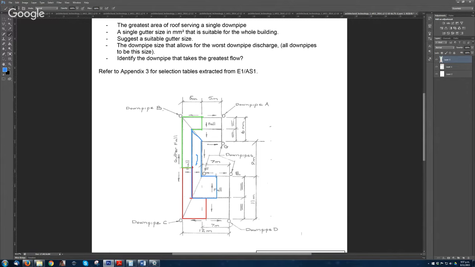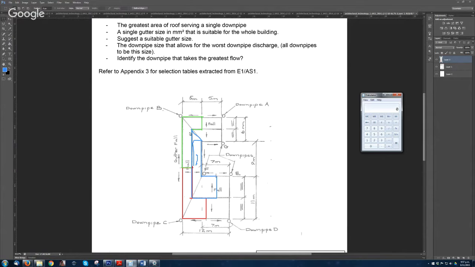So for that, you need to calculate the surface of everything. First I'm going to calculate that surface here. You know that this length is half of the 5 meters, so it's 2.5.